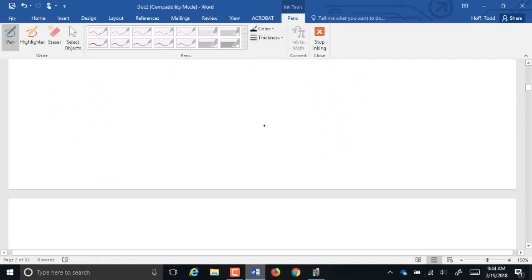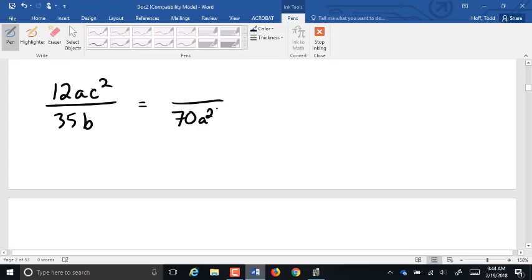Let's have you guys try a couple here. So if we have 12ac squared over 35b, and I want to turn this into 70 a squared b.